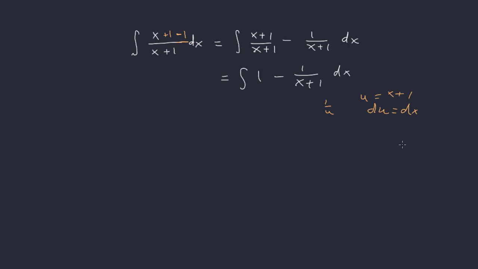In fact, it turns out that the integral of, say, 1 over x plus any constant a is just going to be the natural log of the absolute value of x plus a, right? Because no extra stuff shows up by doing this U substitution. Now, if there was a number in front of the x, that would change it, but if we're adding a constant, when you differentiate, it doesn't really do a whole lot for you.